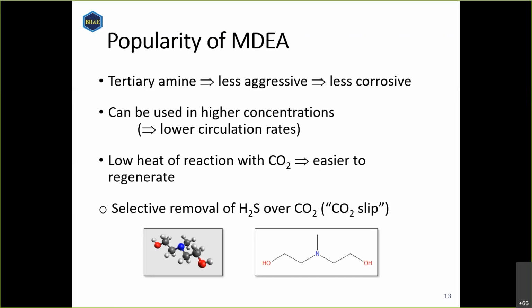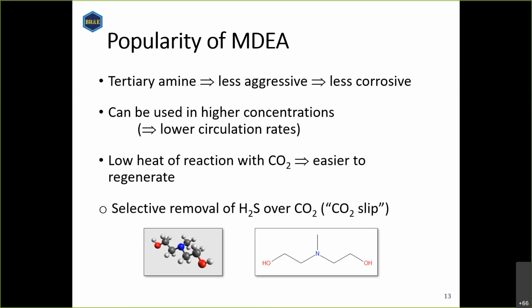MDEA can be operated at much higher loadings because it's not as corrosive. If you think about what that means, there's less water. And because this is a regenerative process where we have to regenerate the solvent, the lower the circulation rate, the lower the reboiler duty.